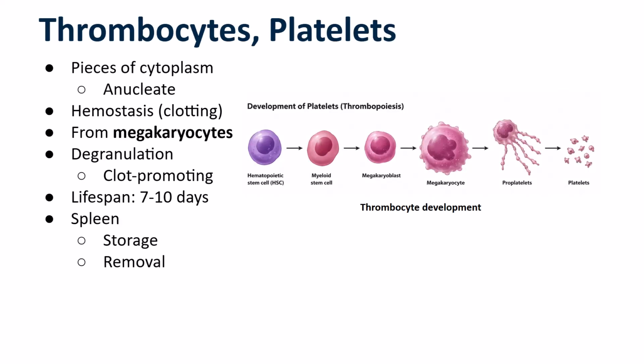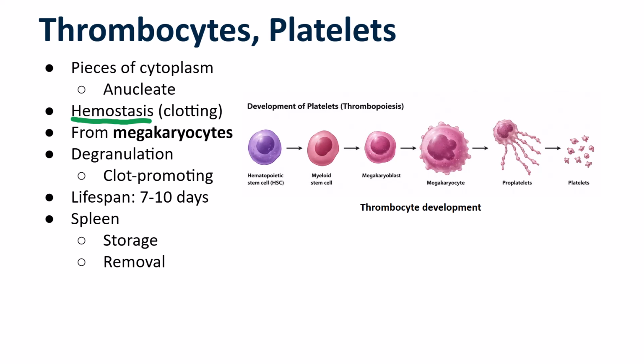So thrombocytes or platelets, these are two terms that are perfectly synonymous with one another. These are formed elements within the blood that are just little bits of cytoplasm, so remnants of the cells from which they are derived. They are a key part of the hemostasis process or clotting.